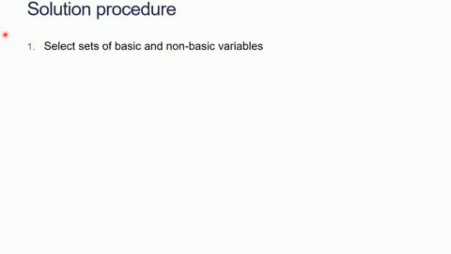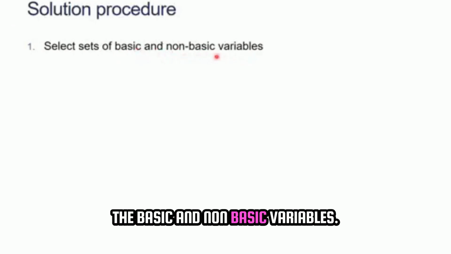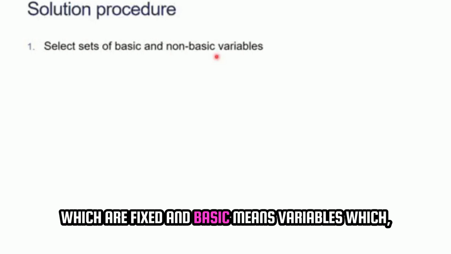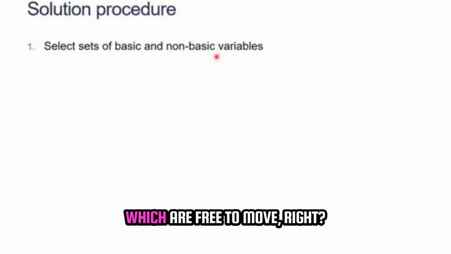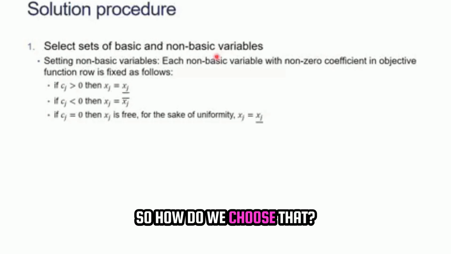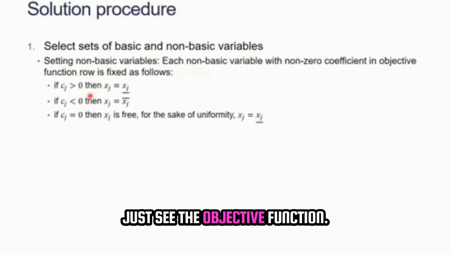algorithm works. So what we do is we first set the basic and non-basic variables. Again, non-basic means the variables which are fixed and basic means variables which are free to move, right? So how do we choose that? Just see the objective function. Here Cj are the objective function coefficients of the jth variable.